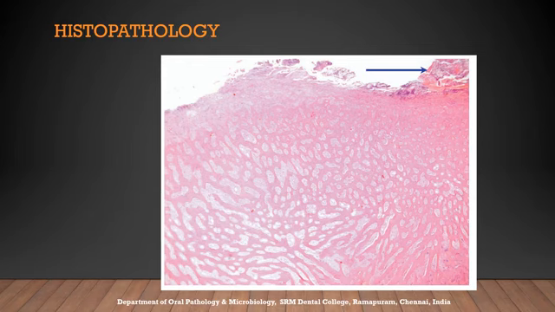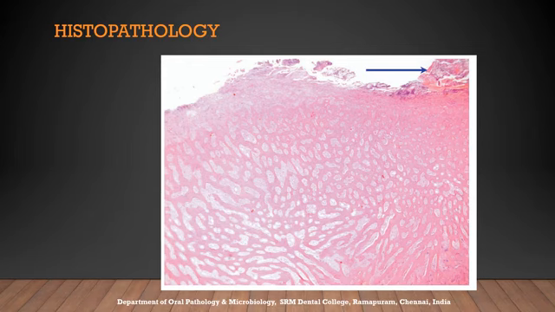When histopathological examination is done, we can appreciate the subperiosteal new bone formation. This is reactive woven bone formation with bony trabeculae, which are arranged parallel to each other, whereas perpendicular to the cortex.